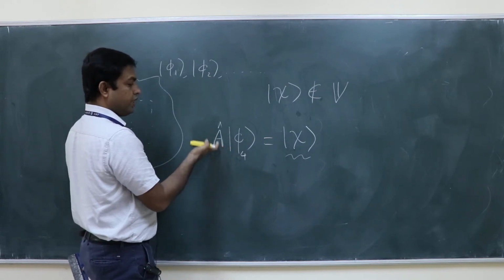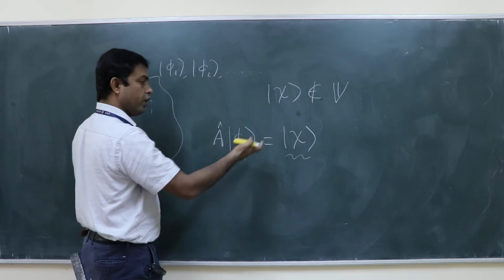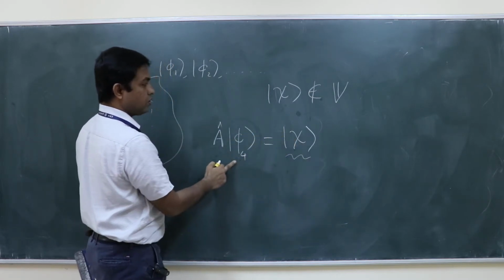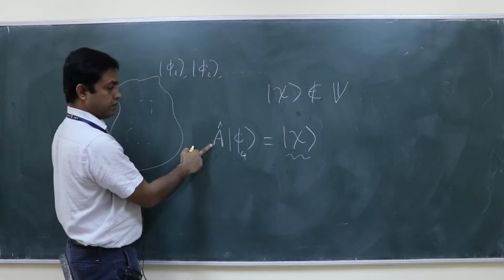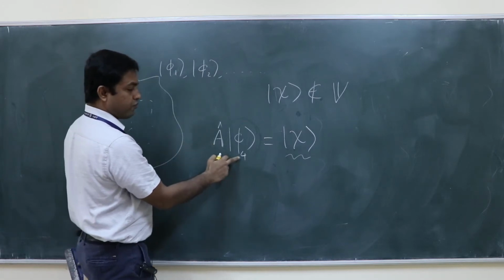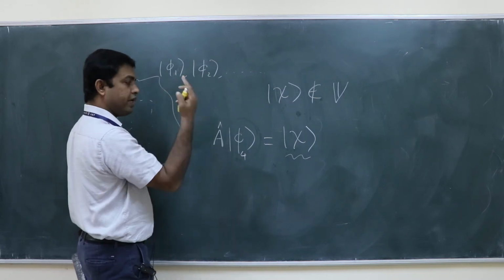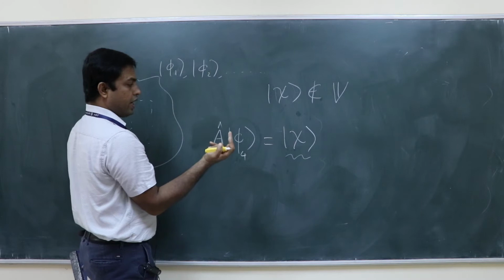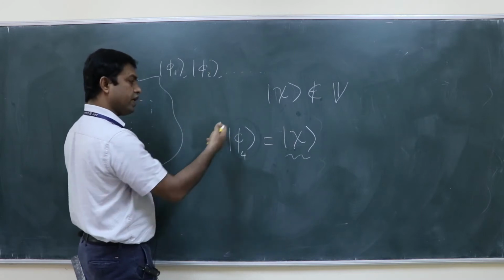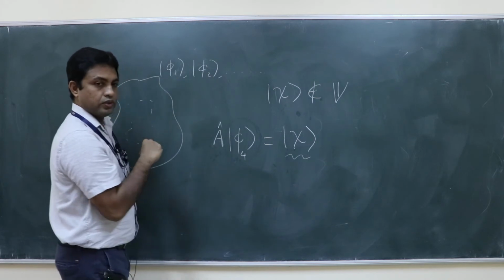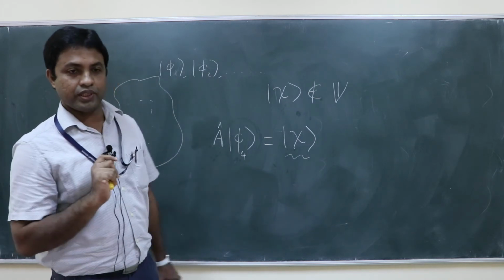Any operator acting on some vector and going out of that vector space, then that particular vector is not in the domain of that operator. And this phi 4 may be one of the vectors in one of the bases, or it may be any other general vector. And if it is any other general vector, you can write it as a superposition of the basis vectors. So now you tell me the question.